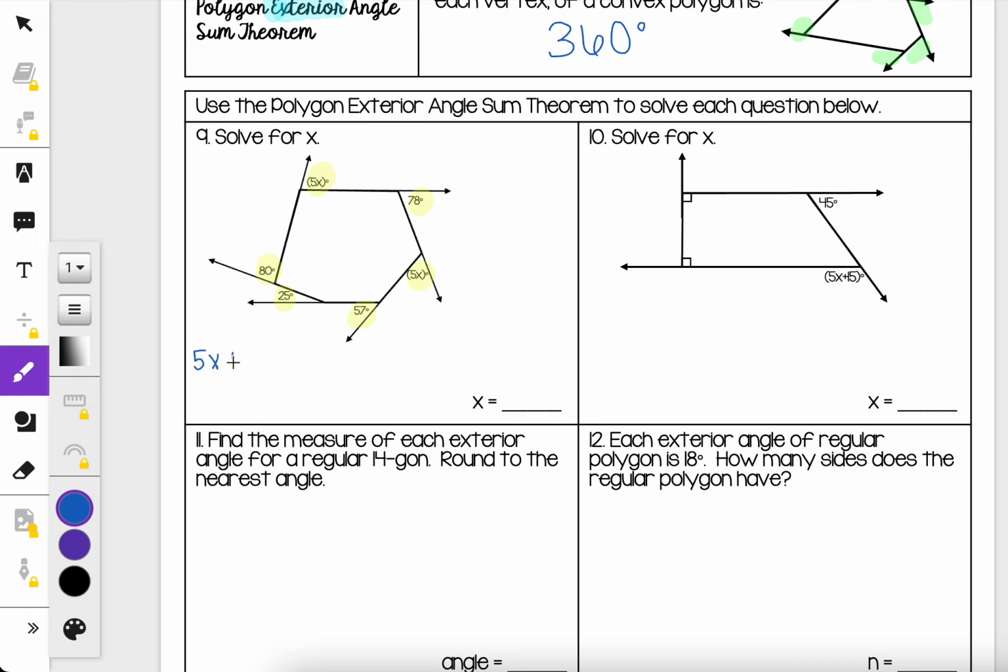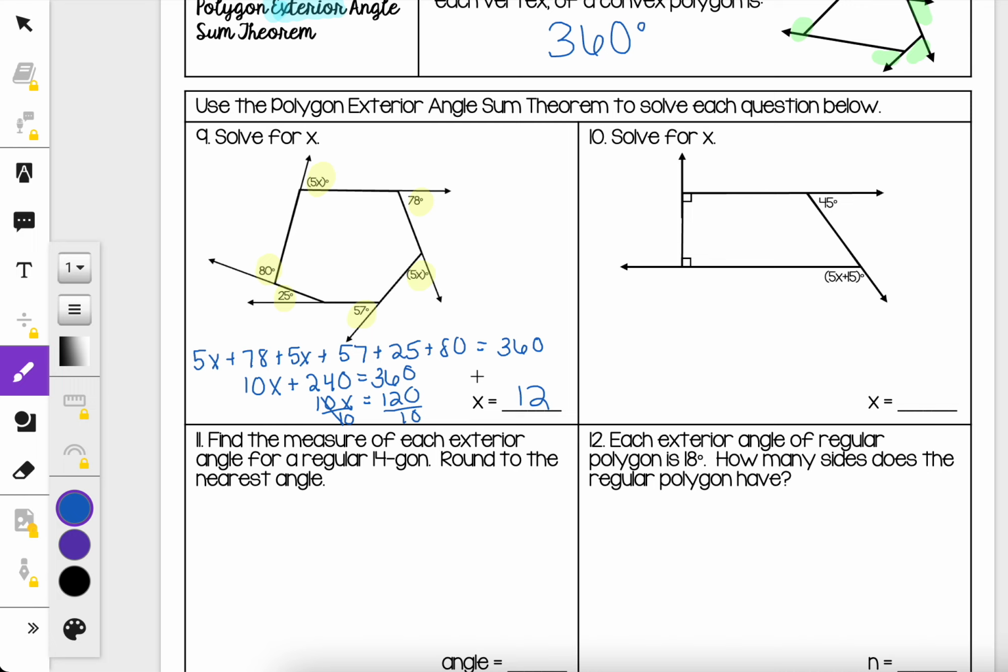I have 5x plus 78 plus 5x plus 57 plus 25 plus 80 equals 360. Combine like terms. So we have 10x plus 240 equals 360. So 10x equals 120, and divide both sides by 10. We get x equals 12.